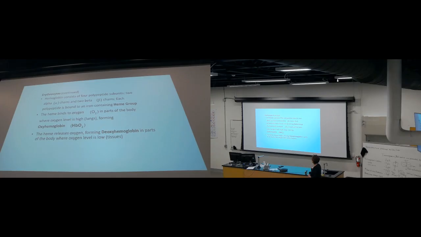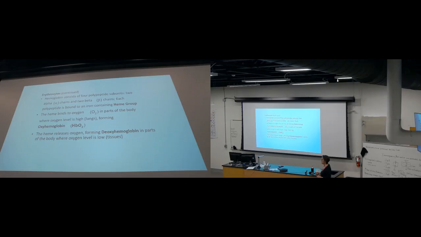Okay? And then hemoglobin, the protein of erythrocytes, has a quaternary structure where, in adult hemoglobin, you have 2 alpha chains and 2 beta chains. And in the middle of these chains, you have a heme group, which contains iron.